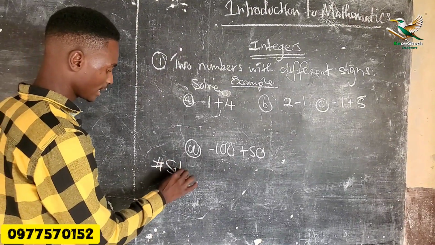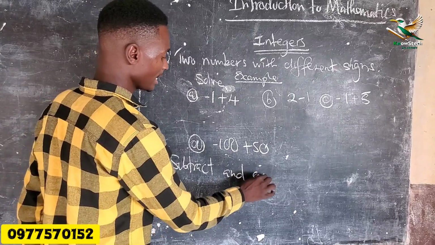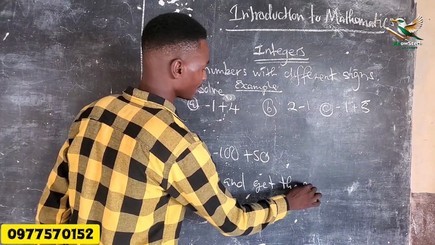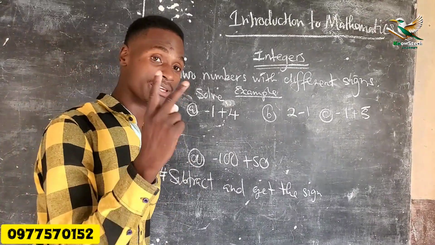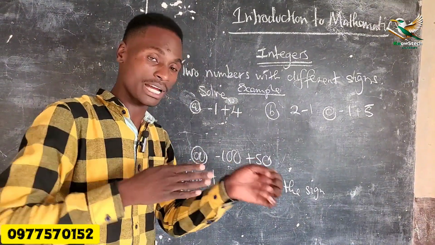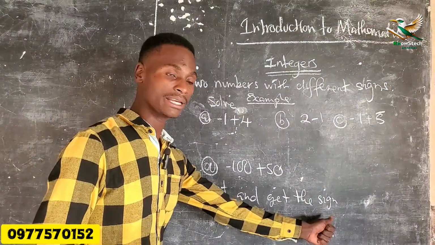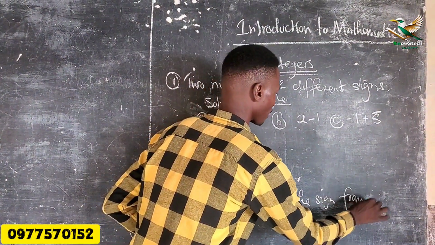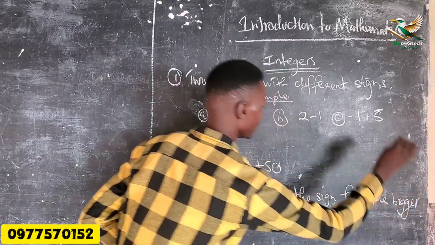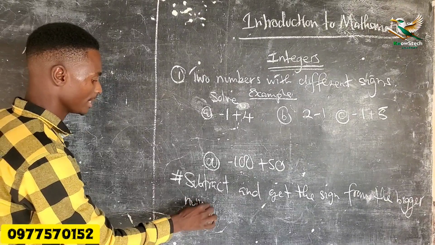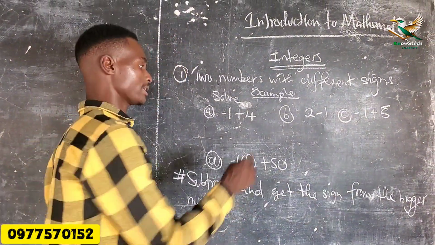You subtract, and get the sign from the bigger number. When they have different signs, positive, negative, or negative, positive, subtract, guys, and then get the sign from the bigger number. Using this rule, let's apply it here.